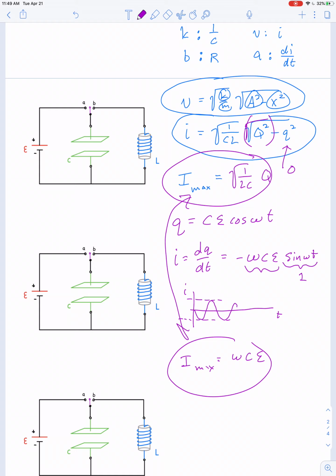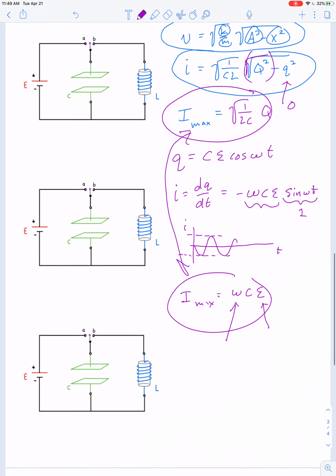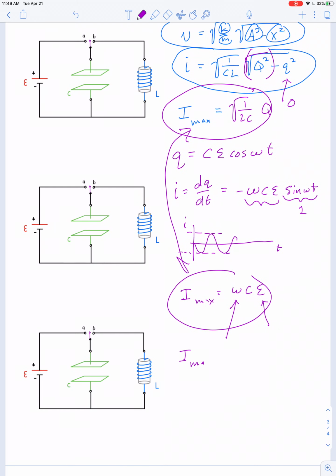Well, let's see. Let's make a substitution for EMF and omega. So I maximum is equal to, let's see, omega is the square root of 1 over LC. Got it. And we've got to incorporate the C. Got it. And then we need to substitute for E. Well, when the switch was first put into position A, then the maximum amount of charge is equal to C times EMF.